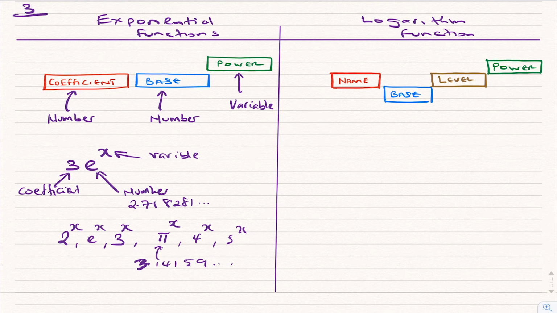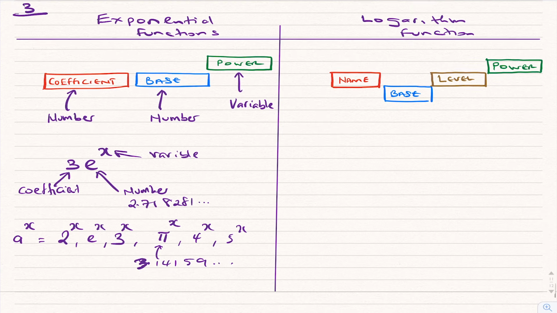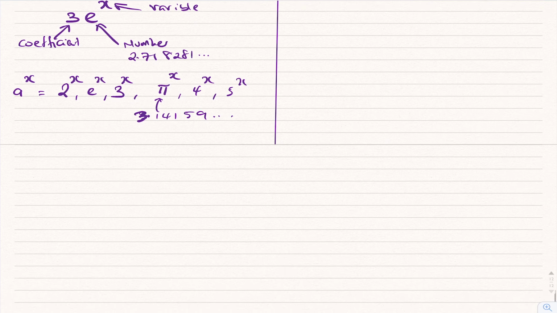Because the base is a number, we can call the base a placeholder, and the variable here is x. So the general expression for an exponential function will be a to the power of x.